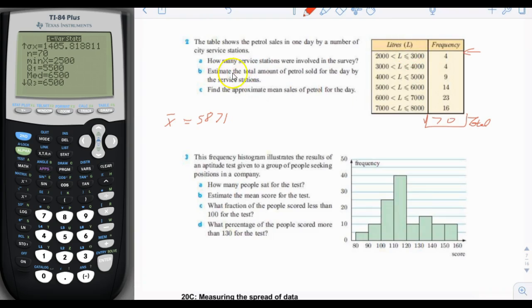And let's see, estimate the total number of petrol sold for the day by the service stations and find the approximate mean sales of petrol for the day. So the mean sales of petrol for the day would be x bar. Okay, so that would be the answer for C. And B, estimate the total number of petrol sold for the day by the service stations.